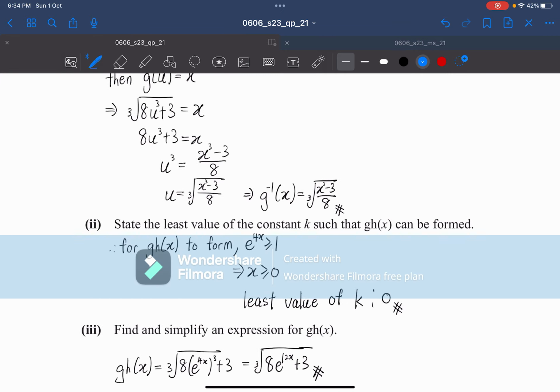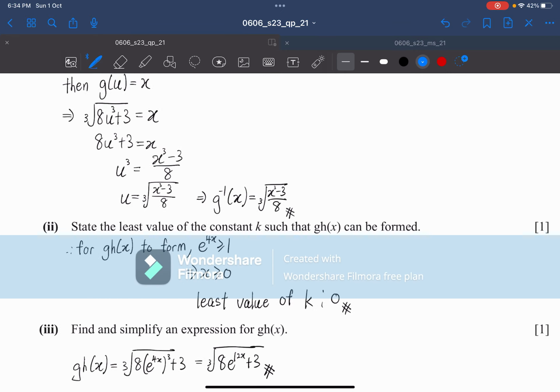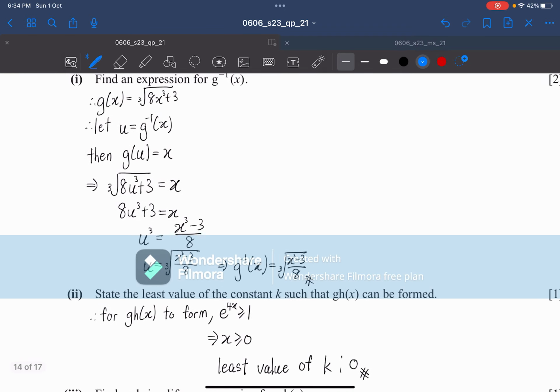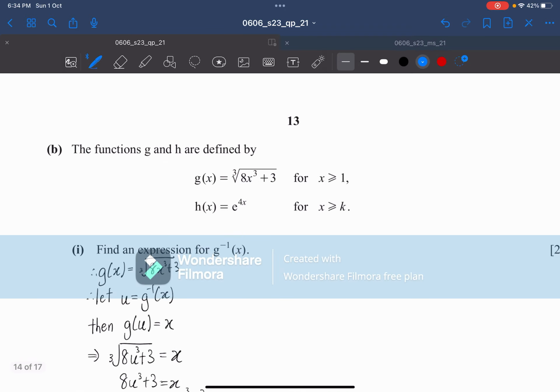So yeah. Number 2, state the least value of the constant k such that gh(x) can be formed. So we know that for g(x), x must be greater than or equal to 1. For g(x) to form, x must be greater than or equal to 1.